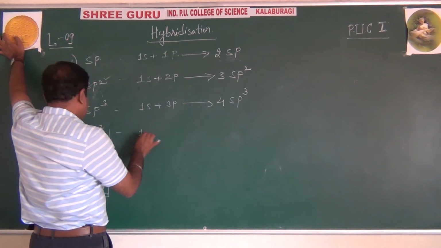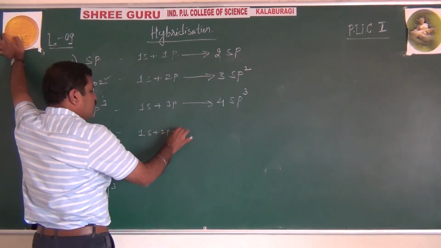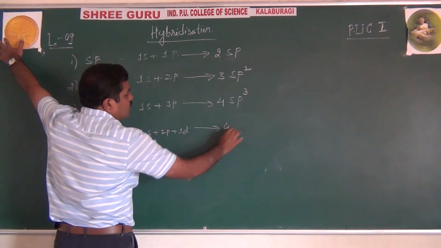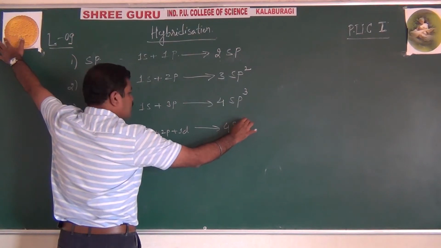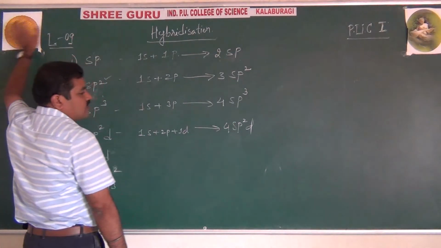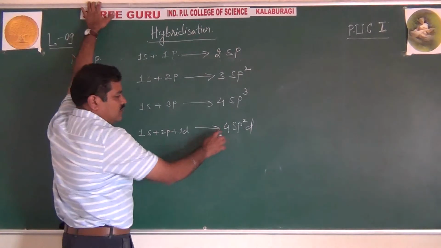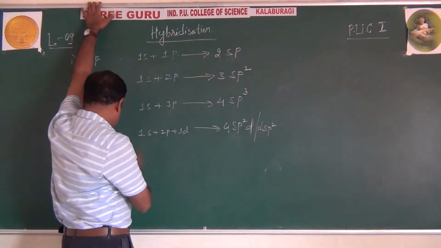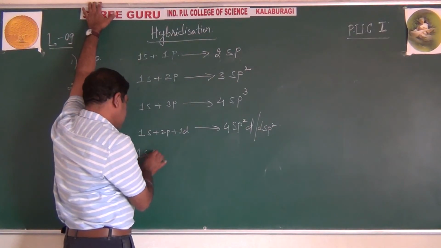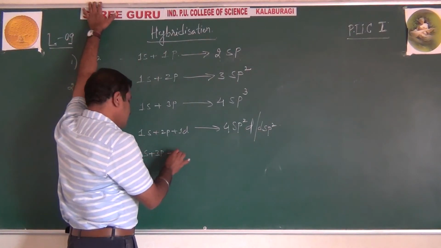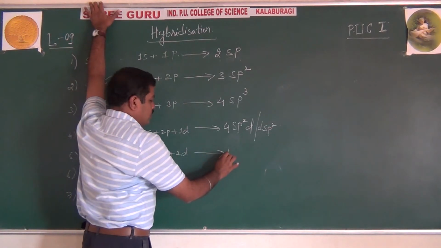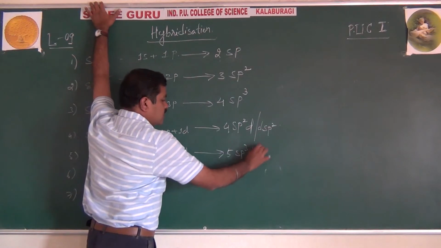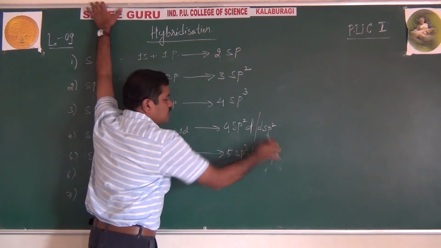And here 1s, 2p and 1d, therefore total how many? 1 plus 2 plus 1, 4 sp2d hybridization or dsp2 hybridization, we can write. Remember, sp3d: 1s, 3p and 1d, that is 1, 3, that is 5 sp3d or dsp3 hybridization also we can write.